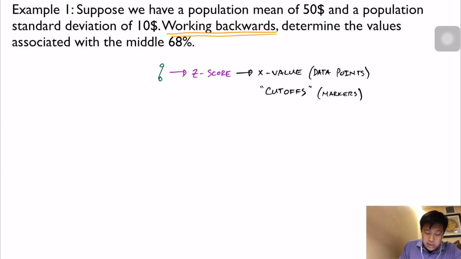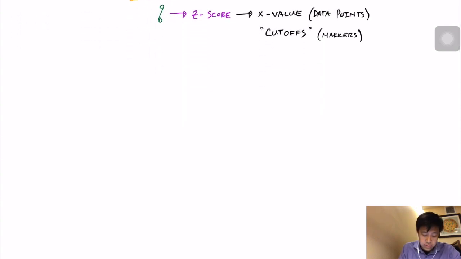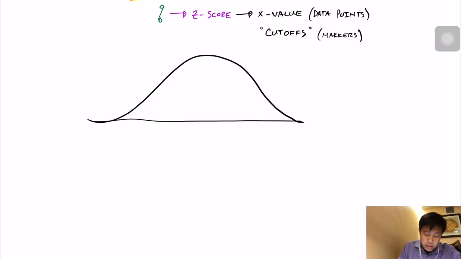And the other key component is the fact that not only are we given a percentage, we're doing this middle 68%. Now let's draw a picture so we can see what that means. Here's our normal distribution, and your mu of $50 in the middle.